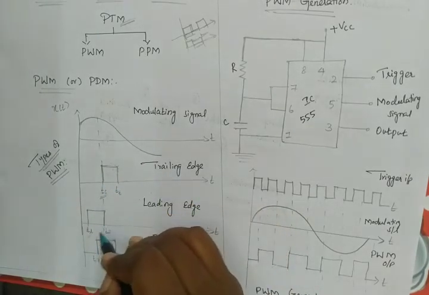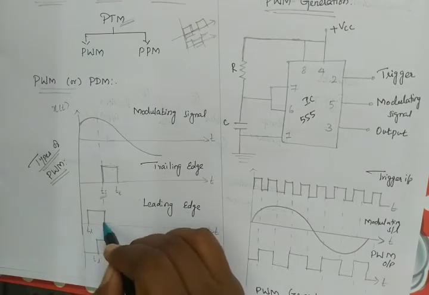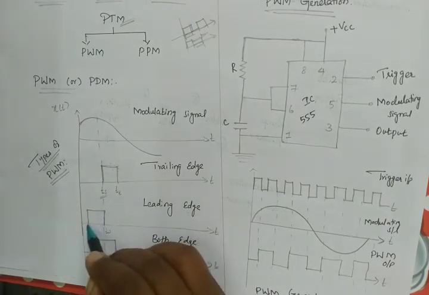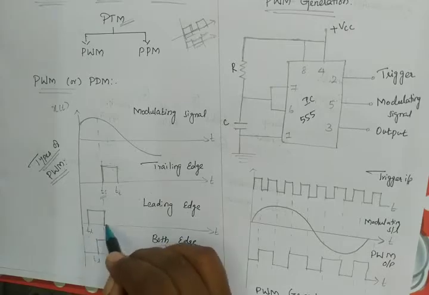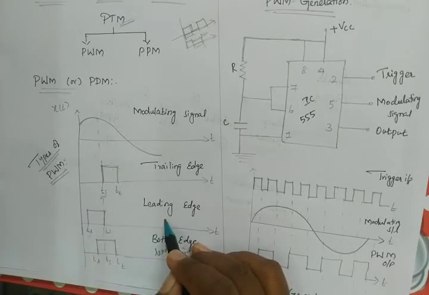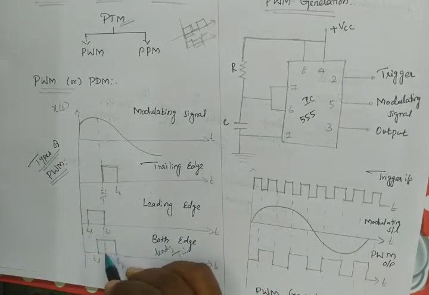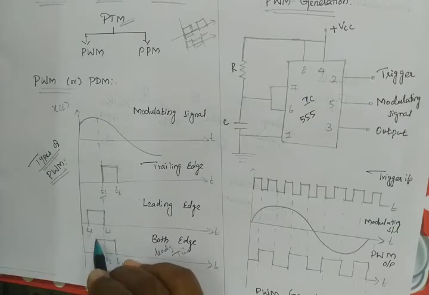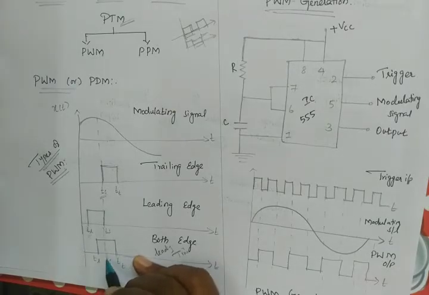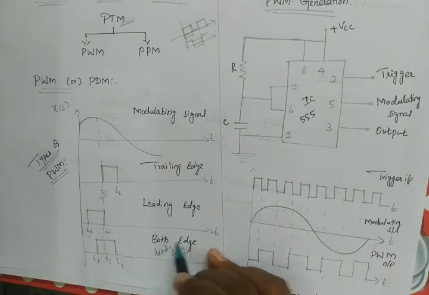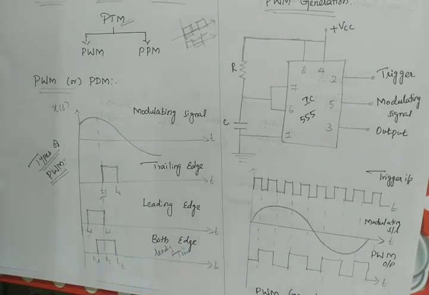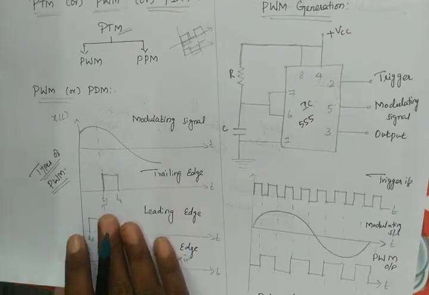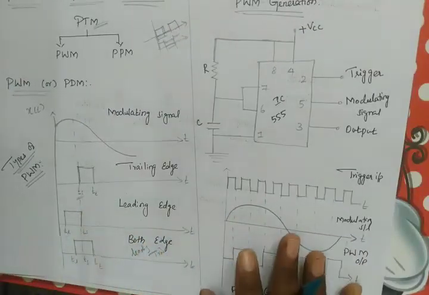And if the pulse starts before the sampling time duration, then it is called leading edge of the signal. And if we have the starting time and end time on both sides of the sampling time, leading and trailing, then it is called both edges, that is leading trailing edge. This is how we can say the types of pulse width modulation.